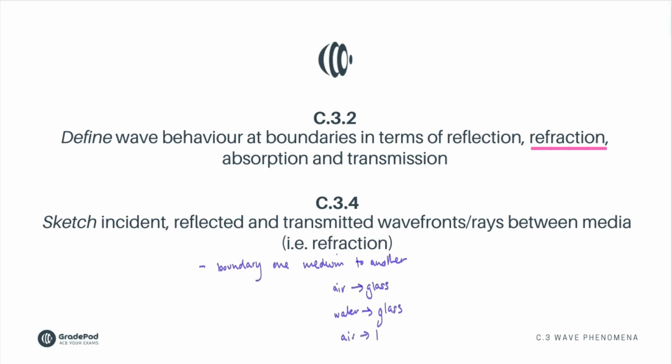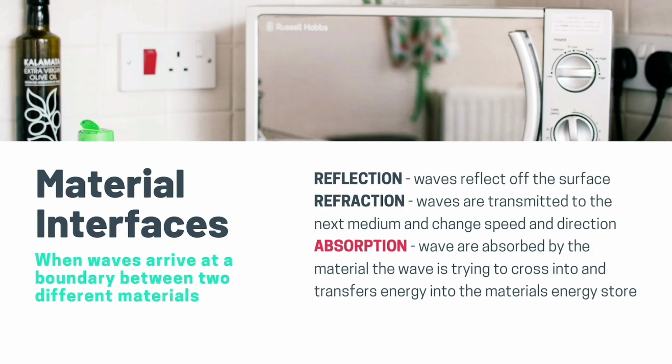You get the idea when we're moving from one medium to another. So material interfaces, that is the fancy word for the boundary between two different materials. If you really want to be a good physicist and you really want to get top marks, then let's start using words like material interfaces or boundary. There are three things that can happen when waves arrive at a boundary.